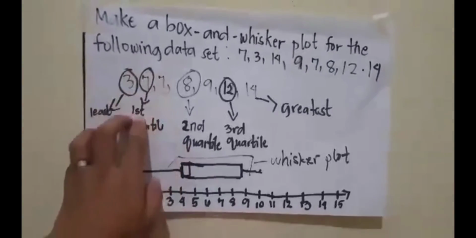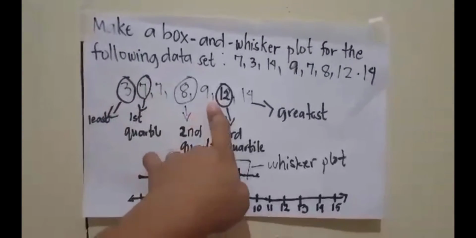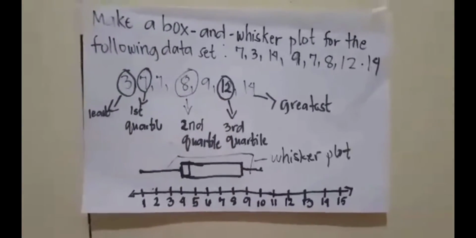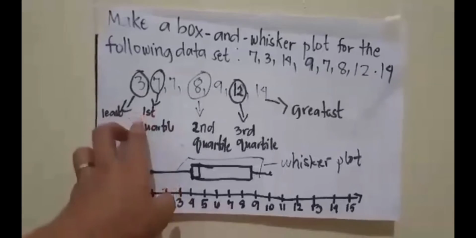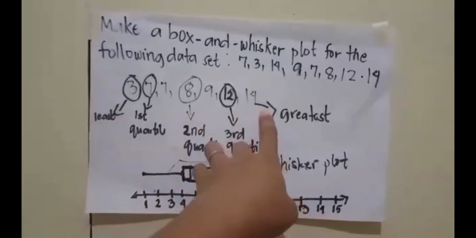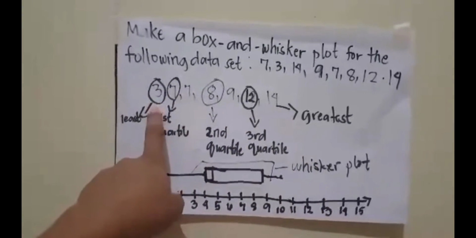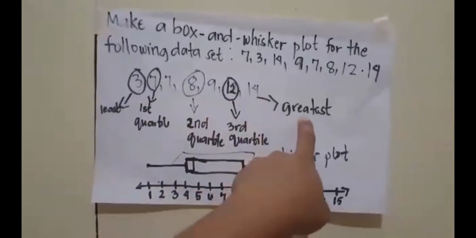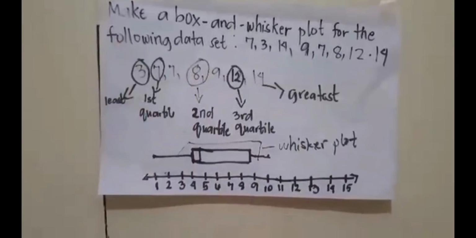So next, the last one is to find the least number and the greatest, yung pinakamababa na number at saka yung pinakamataas. So we have here number 3. That's the least number, and 14 is the greatest number, yung pinakamataas.